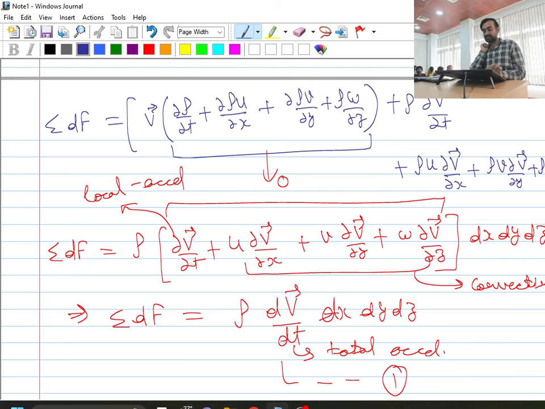Whereas local acceleration is when we consider a fixed point in the flow domain and measure any change at that point in the fluid flow velocity with time. Already I have discussed convective acceleration and local acceleration before mid-sem slide.